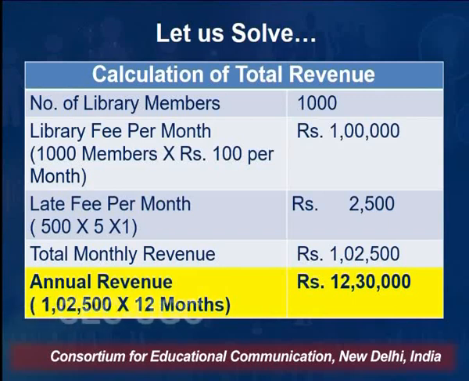Very simple to calculate. Now if we talk about the late fee per month, late fee is basically 500 books are there which are being submitted on delayed basis, and each person is keeping the book for approximately 5 days. This is the average information. This is the number provided by the club itself, the library itself, which is being run by this specific club.